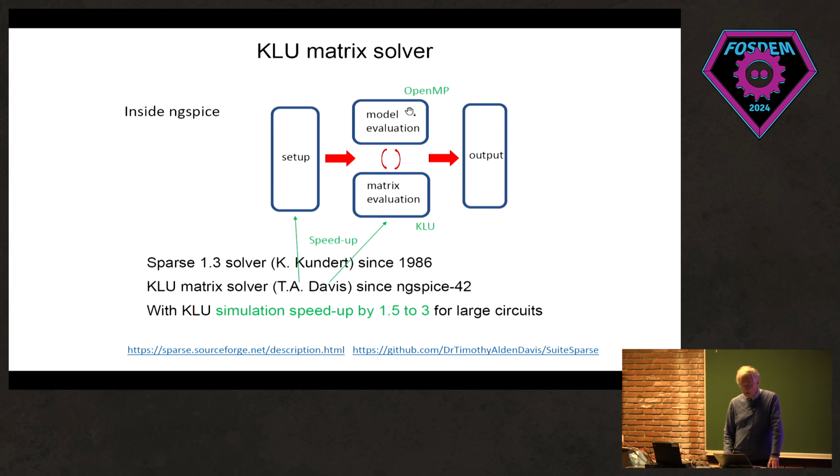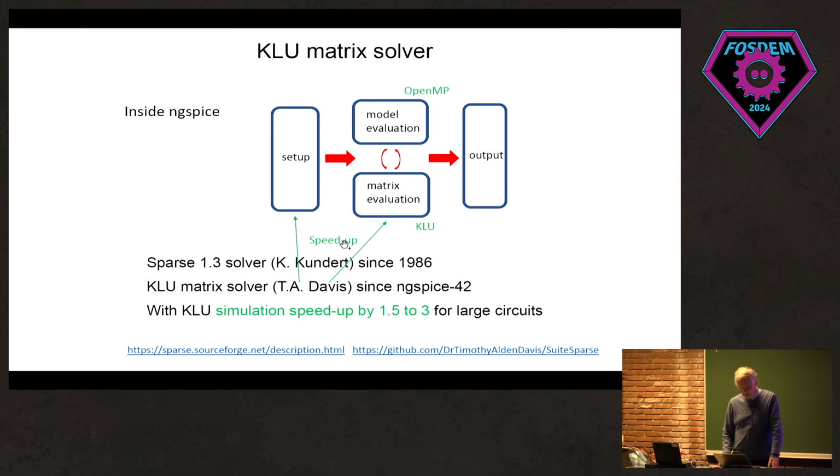The model evaluation is already running in parallel in NGspice. We use OpenMP, so if you have a multi-core processor, as you typically have today, you benefit from that. The matrix evaluation is not parallelized. These sparse matrix solvers are difficult to parallelize.